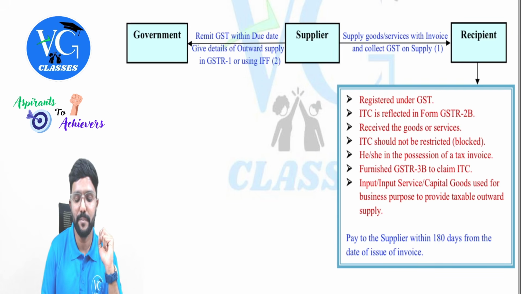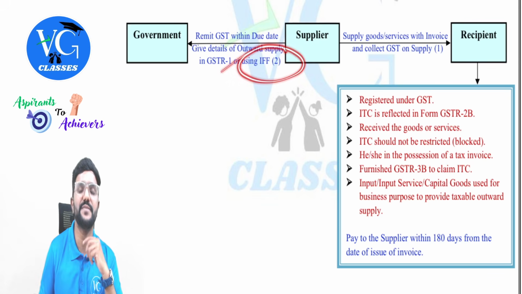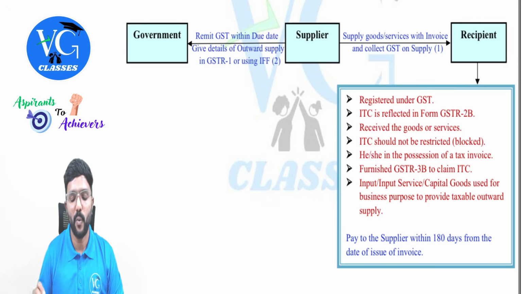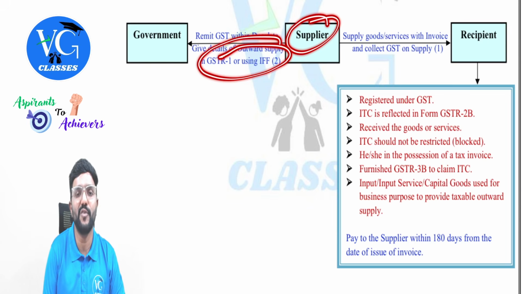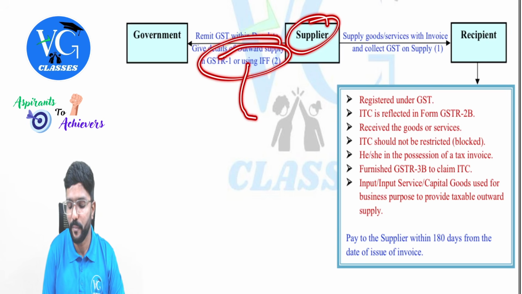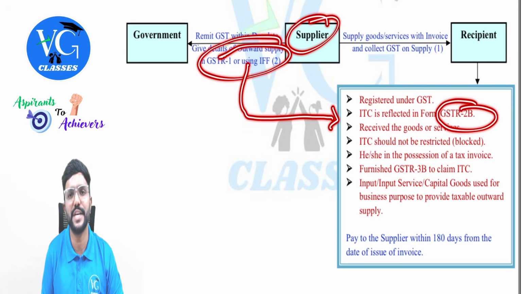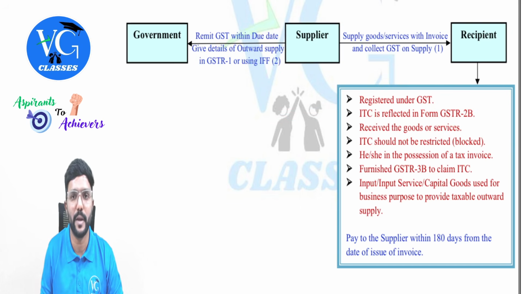The supplier will file GSTR 1, or if he is following QRMP, he can give the details of outward supply for the first 2 months of the quarter using the invoice furnishing facility. And whatever details the supplier gives, either in GSTR 1 or using the invoice furnishing facility, will auto-populate to the recipient in his GSTR 2A as well as 2B. 2B is more important, so let us talk about that.